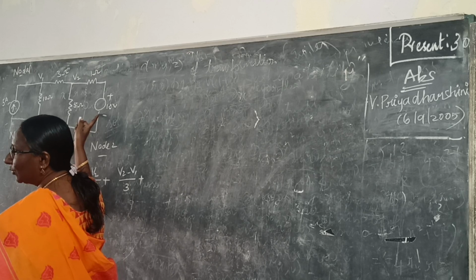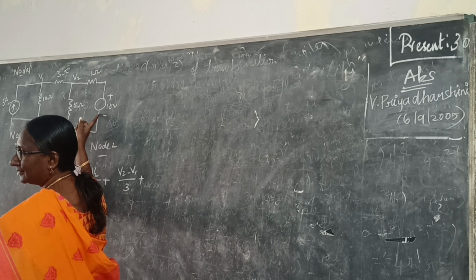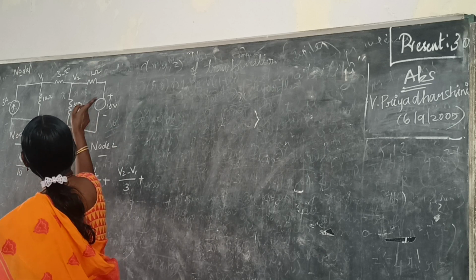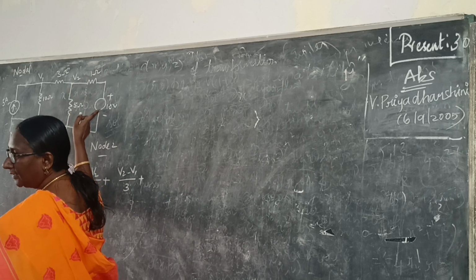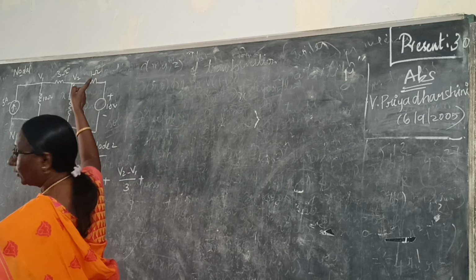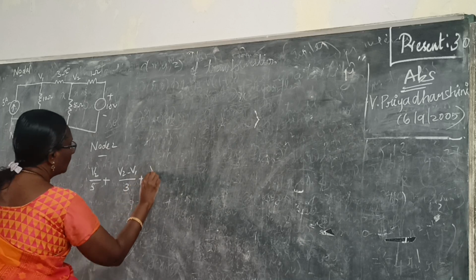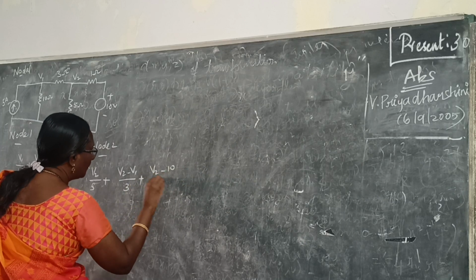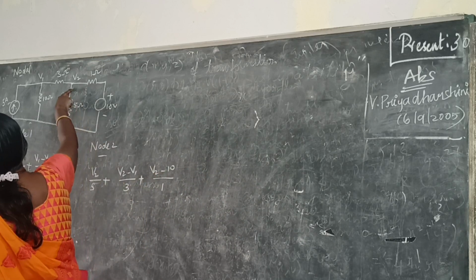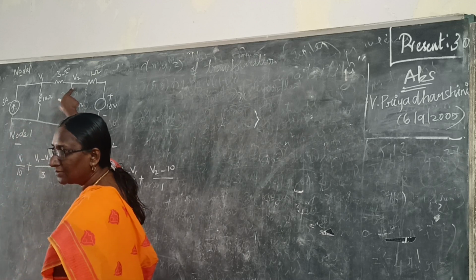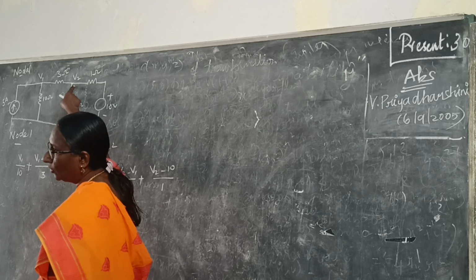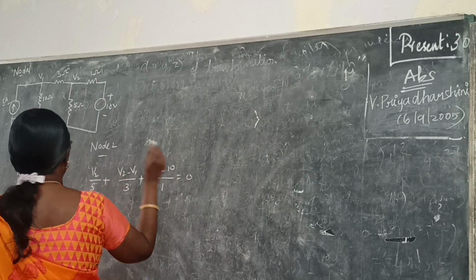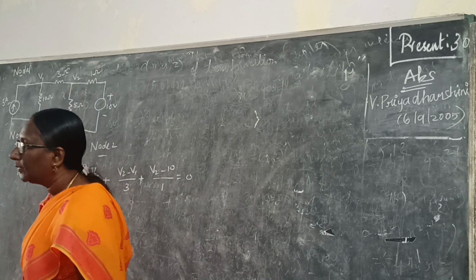It is not equal to voltage. Is there any current entering or leaving the junction? Is there any current source connected with this node? No. So that is equal to 0. Able to understand or not?